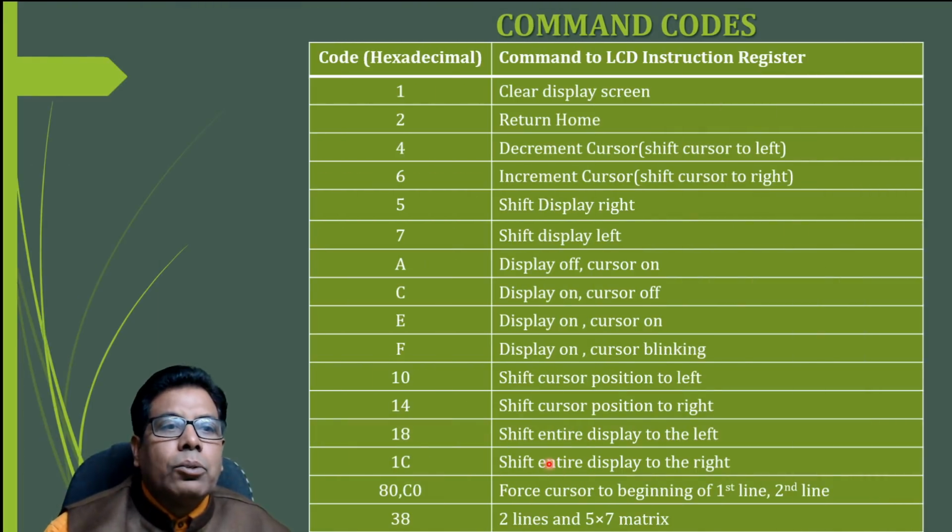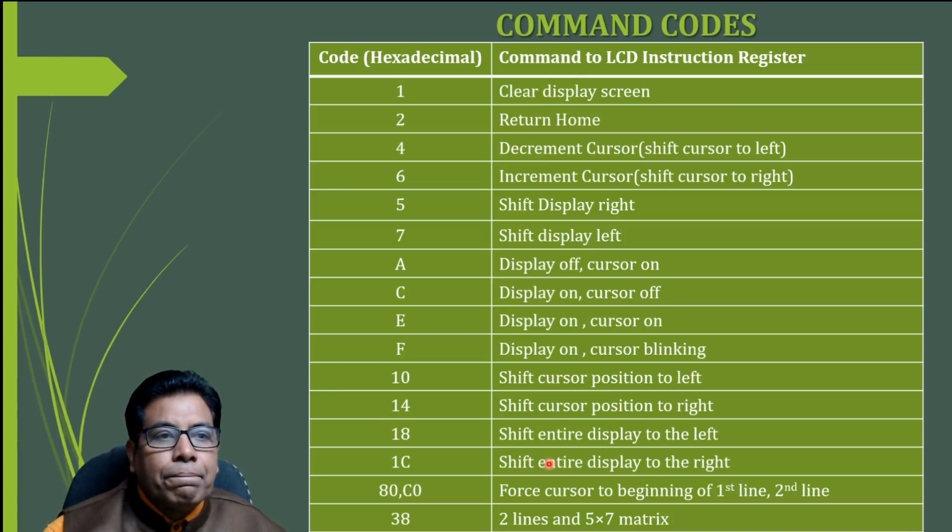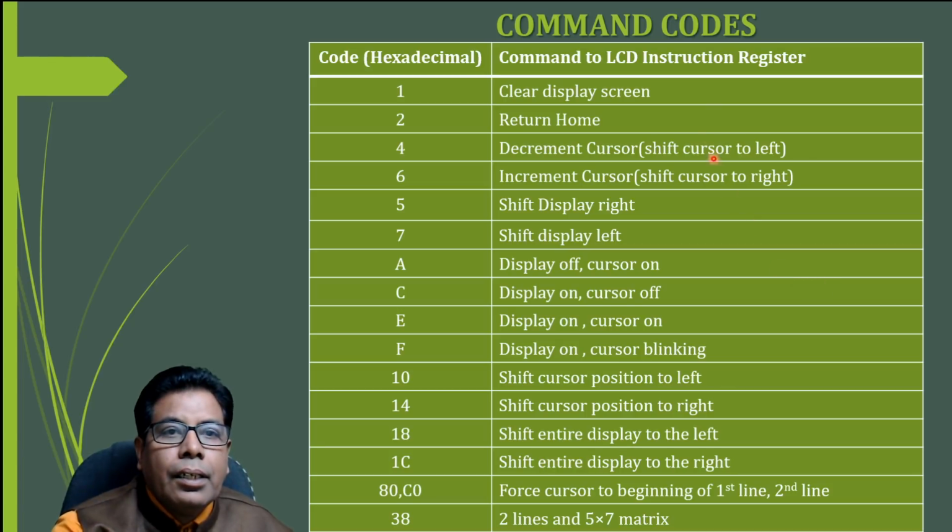Then command codes. Here the LCD instruction register will have these commands, and the codes are in hexadecimal. For example, 01 is for clear display screen. When we want to clear the display screen, we send hexadecimal code 01 to the LCD.